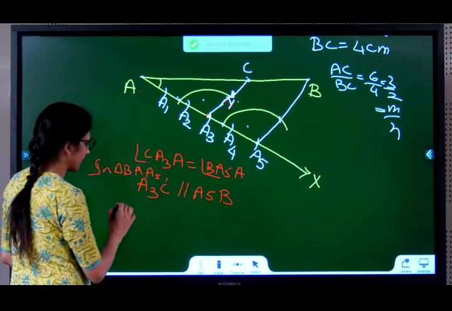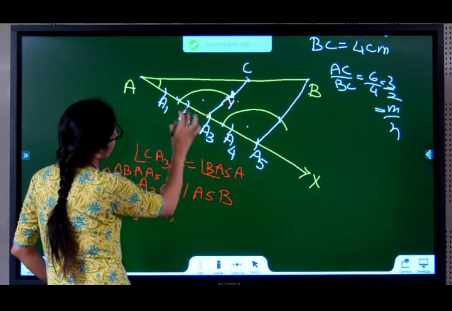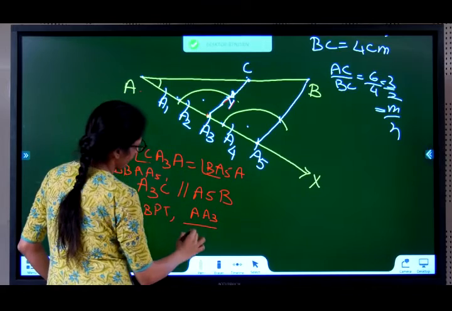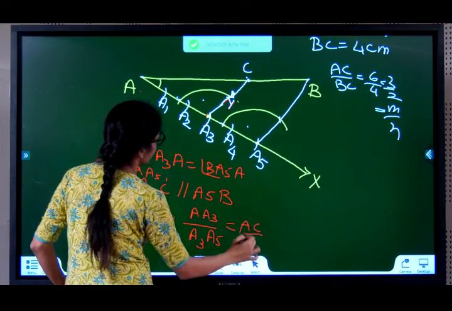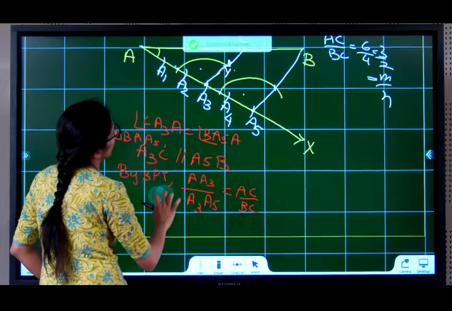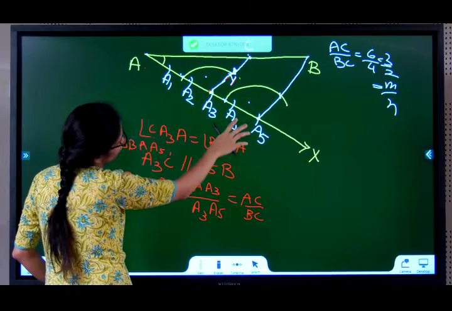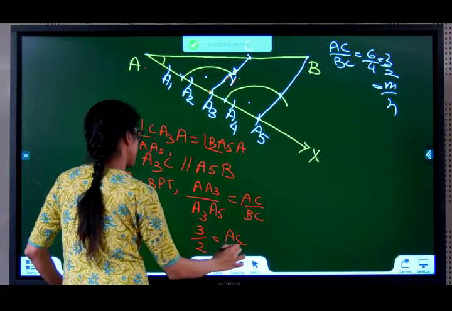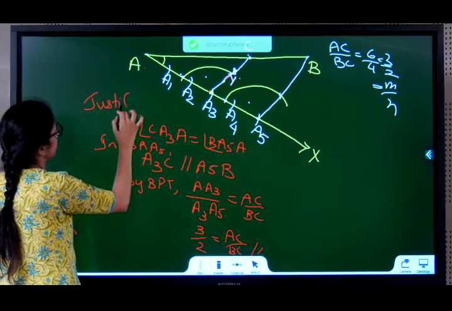So by BPT, can I say AA3 by A3A5 is equal to AC by BC? Yes, I can. AA3 by construction is nothing but 1, 2, 3 is to 2. So 3 by 2 is equal to AC by BC. That's the justification if asked.